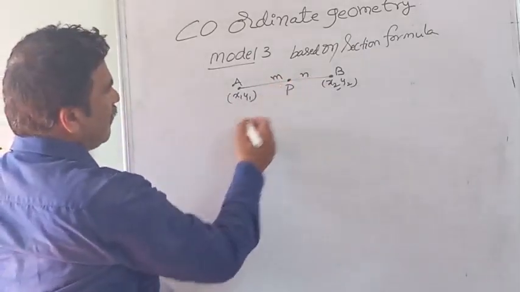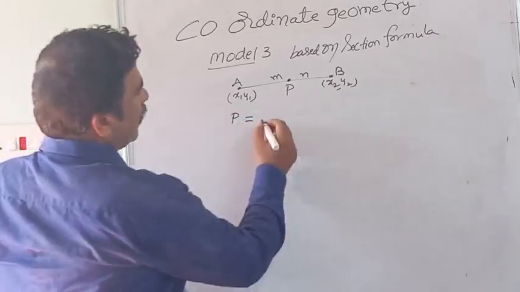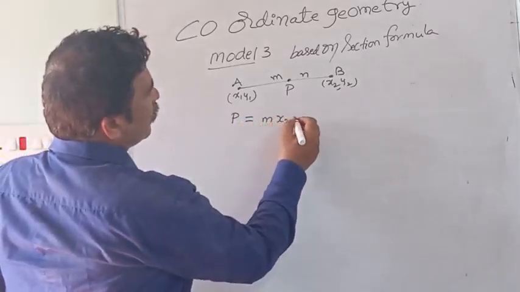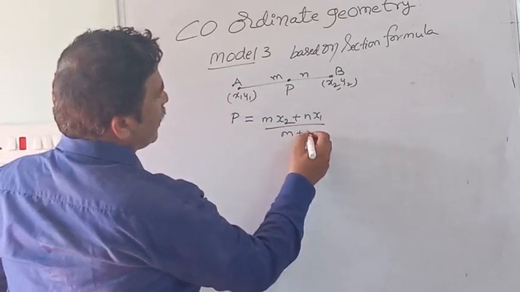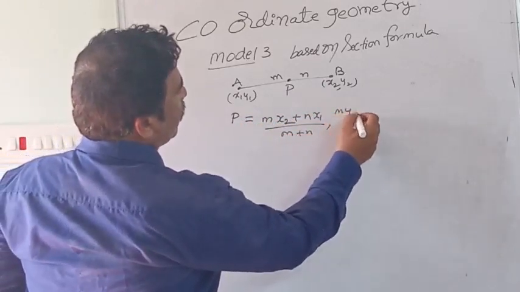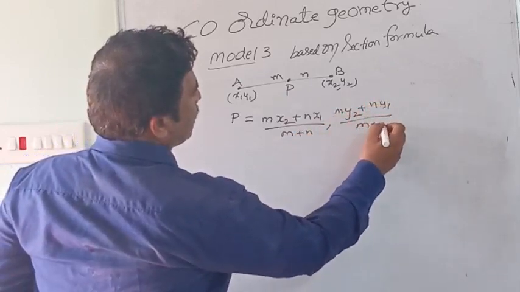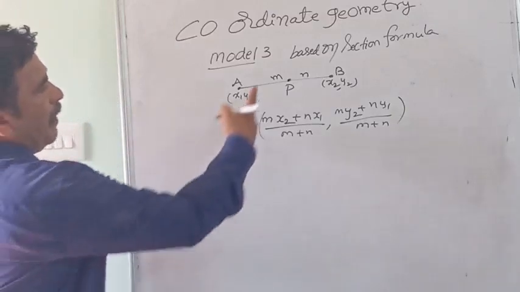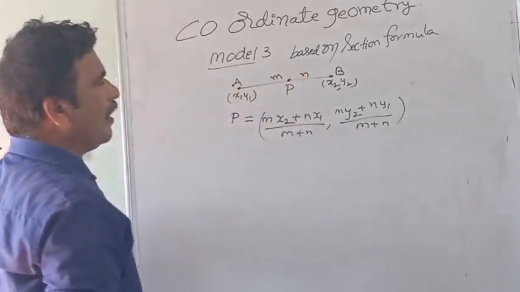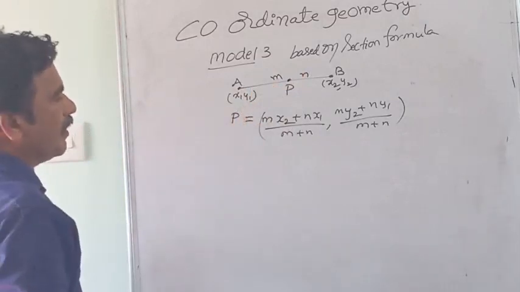Then this P can be found by this formula, which is called the section formula, that is (mx2 plus nx1) by (m plus n), (my2 plus ny1) by (m plus n). Okay, m and n are the ratio in which P is cutting the line AB.